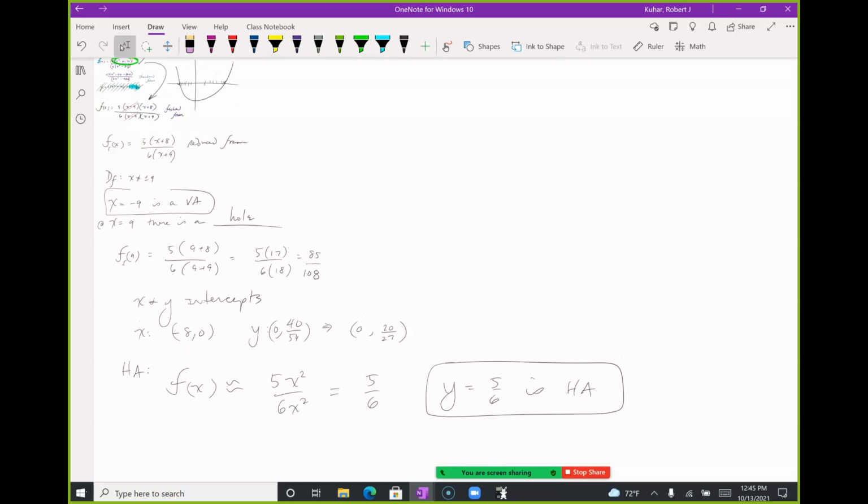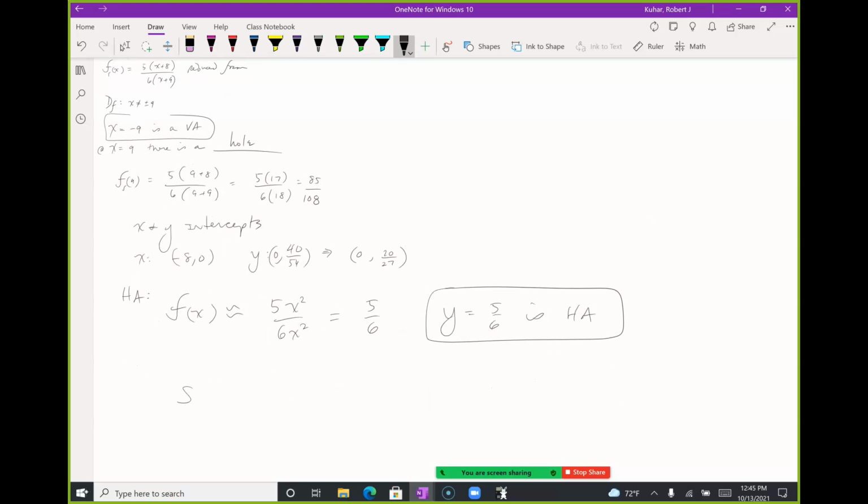So what else do I need? Short run behavior. Where am I going to be able to do short run behavior on this graph? There's two possibilities and one is wrong. Where is the short run behavior going to happen? Where am I interested?